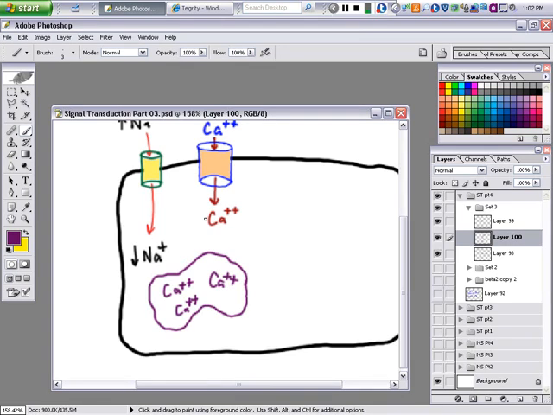This calcium that came into the cell is going to activate this little chamber here, and it's going to cause this little chamber to release all of its calcium. And so all of this calcium is going to start coming out.